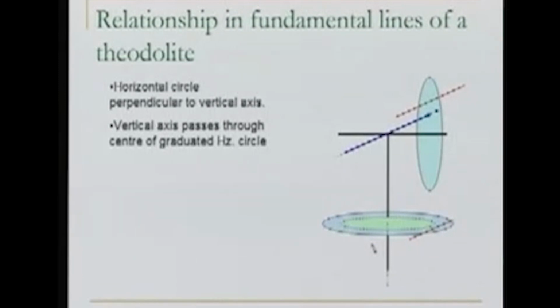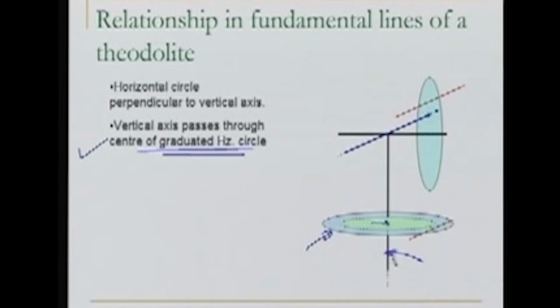Then second thing, the vertical axis should pass through the center of the graduated horizontal circle. Now why is it so? That's the center of the graduated horizontal circle here, and this is the vertical axis.